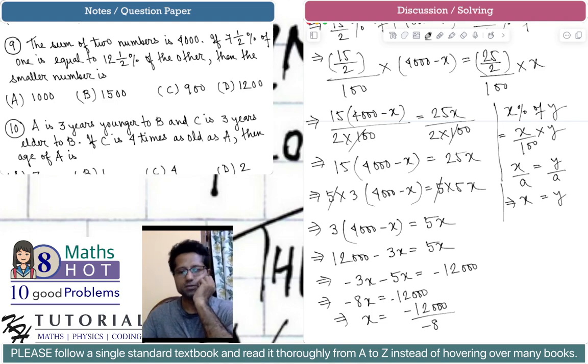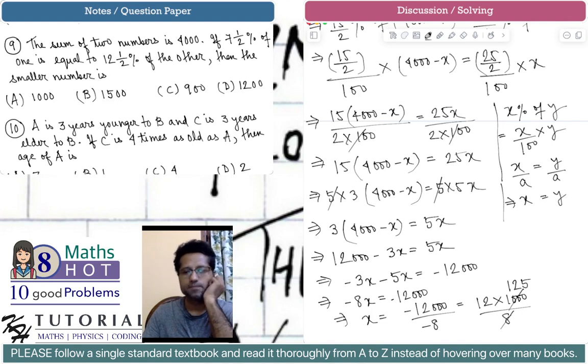Now the minus minus cancels out. The numerator is 12 into 1000 divided by 8, and 8 cancels with 1000 to give 125. Is it so? Yes.